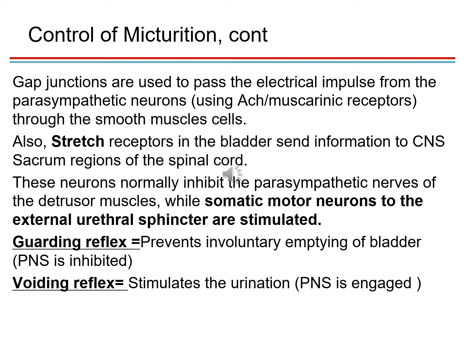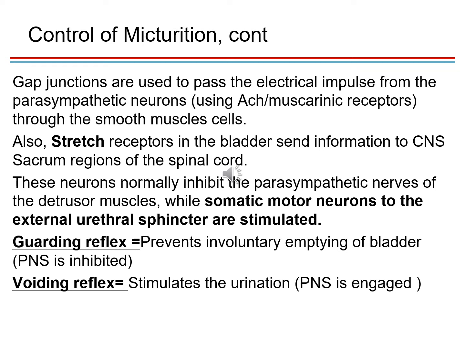Now, those stretch receptors in the urinary bladder send a message to the central nervous system in the sacral region of the spinal cord, informing it that the urinary bladder is getting ready to be emptied again.